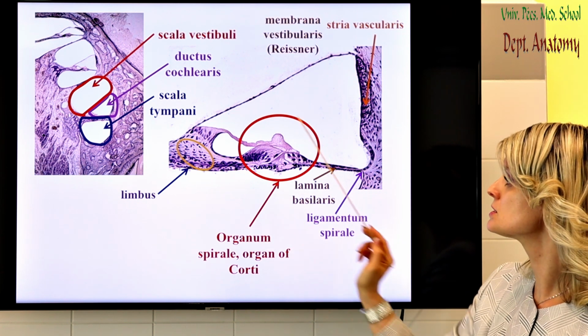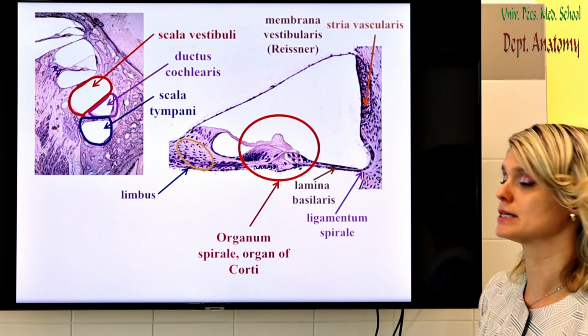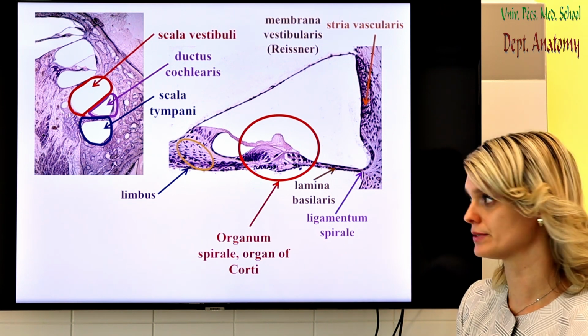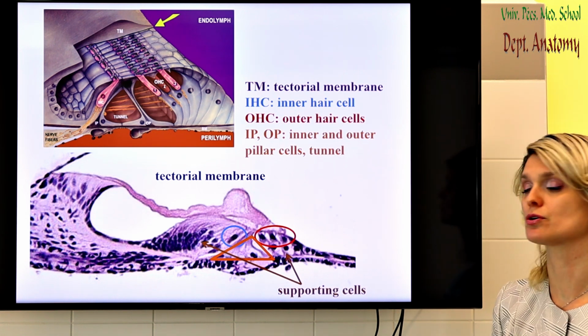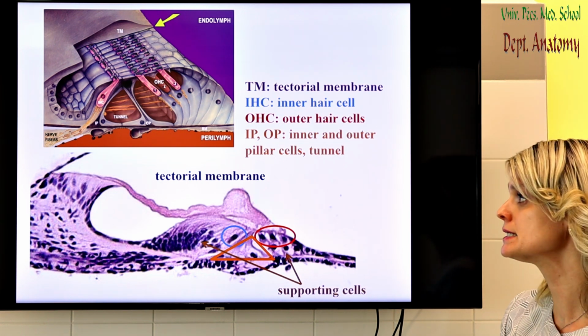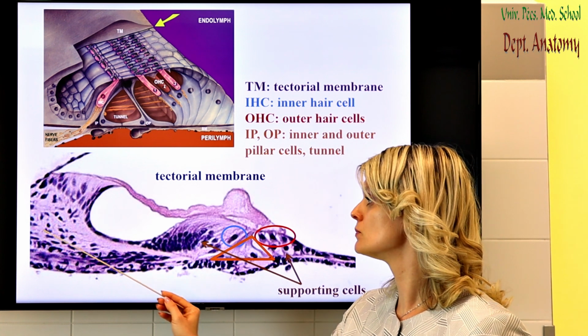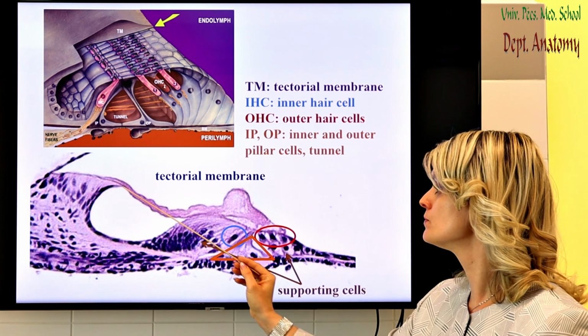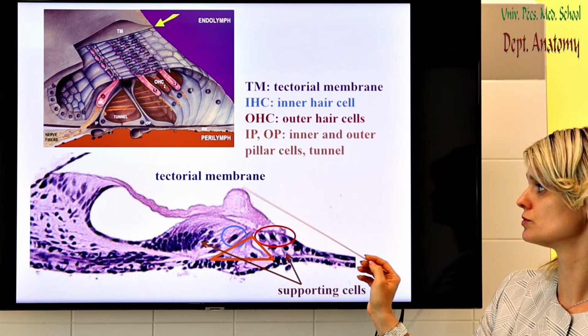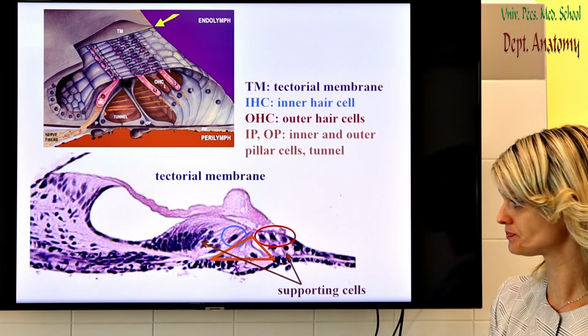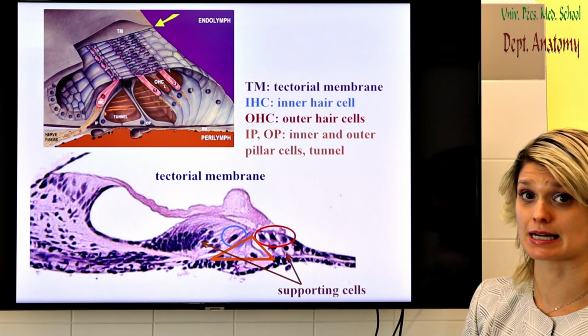This is the limbus, and in the middle here you can see the organ of Corti. And if I magnify the histological picture of the organ of Corti, there you can see the limbus, and from the limbus originates a jelly-like material which is called the tectorial membrane. And here you can see the cells.